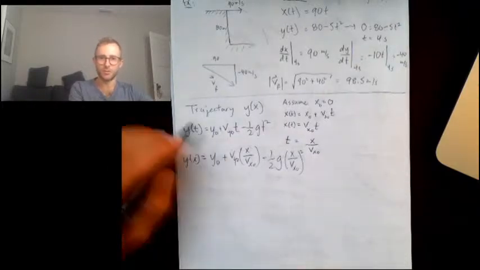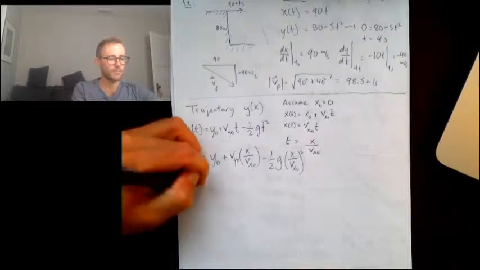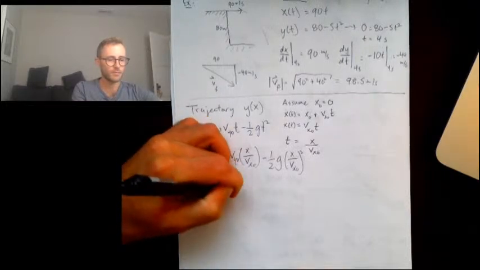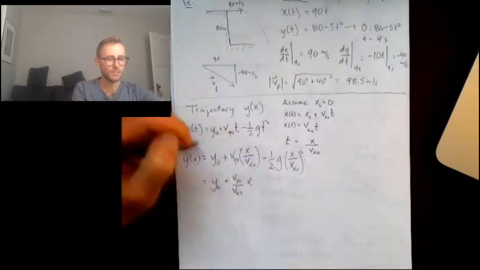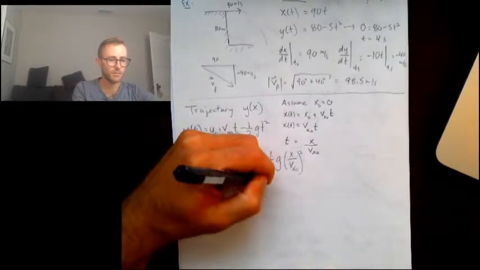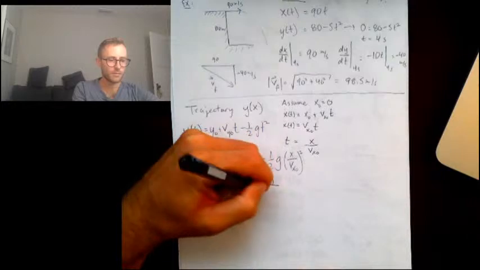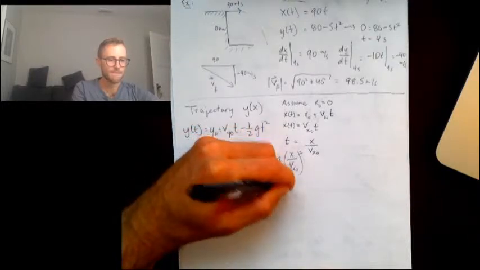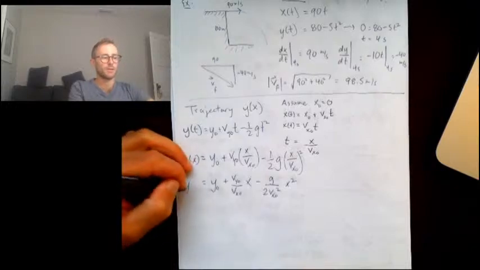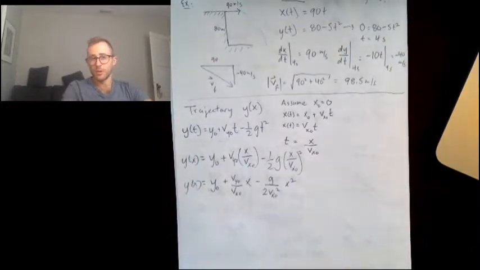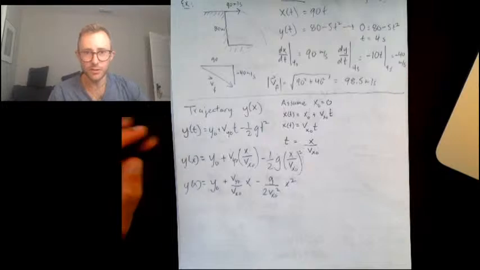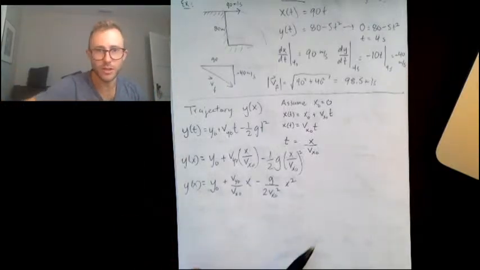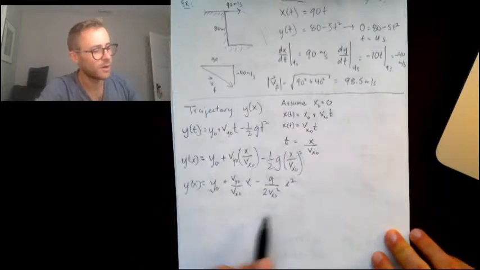I'm going to simplify it further. One of the things we can see is that it's a concave down parabola. So the shape of the path of the projectile is a concave down parabola.